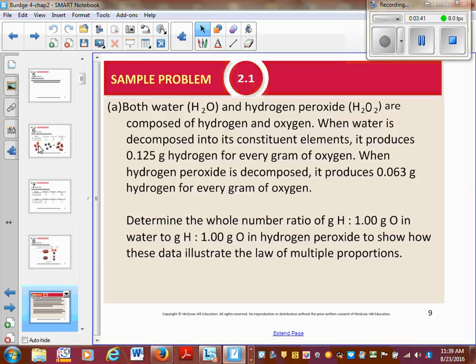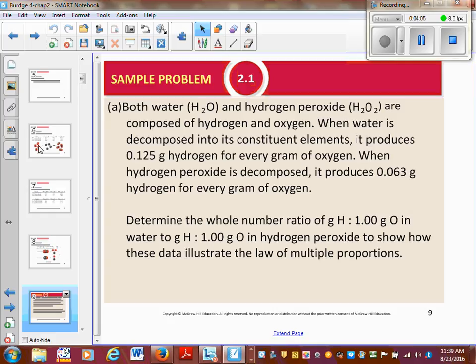So here in the sample problem, we have water and hydrogen peroxide. If you decompose water into oxygen and hydrogen, you get 0.125 grams of hydrogen for every gram of oxygen. Do the same thing with hydrogen peroxide, you get 0.063 grams of hydrogen for every gram of oxygen.